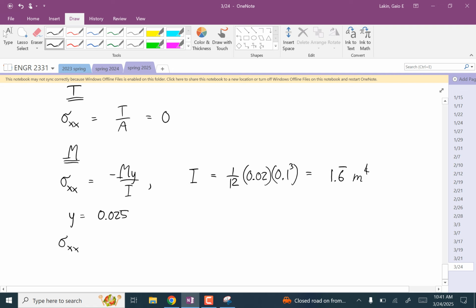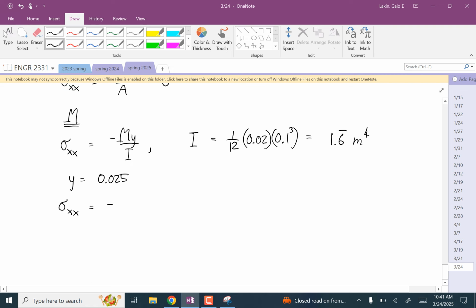And so sigma xx is equal to negative of negative 245.25 times 0.025 divided by 1.6 repeating. That should be times 10 to the negative 6.